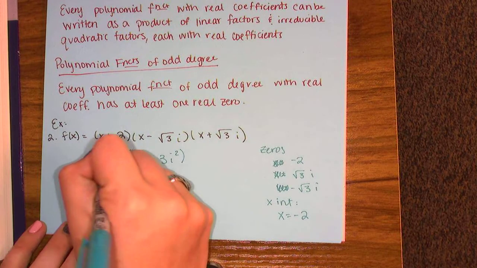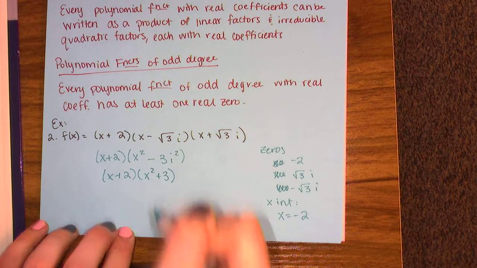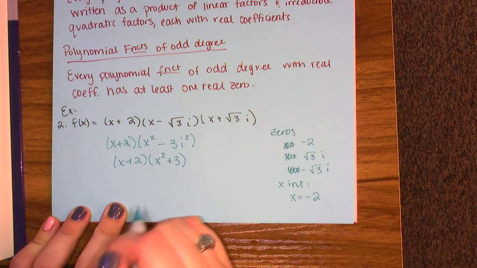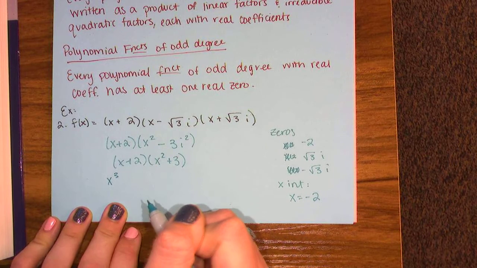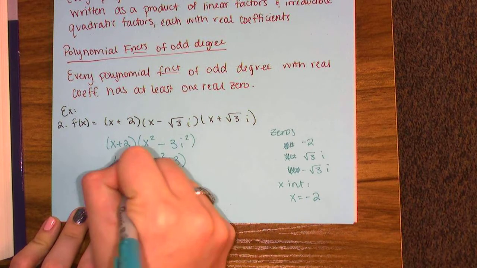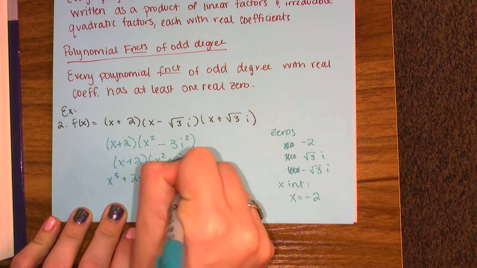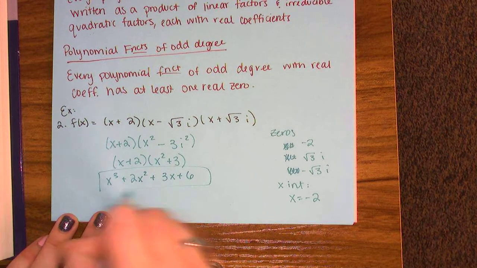So x plus 2 times x squared plus 3, and then now FOIL this. What does that give me? Yep, so that would be in standard form.